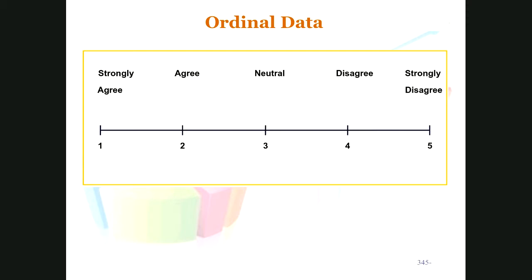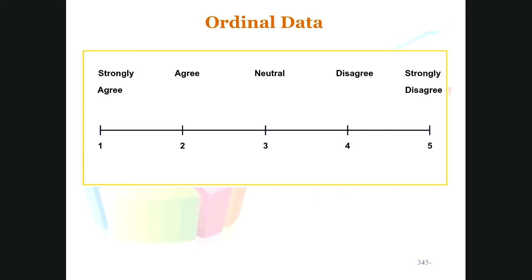A lot of surveys, and some of you may have been involved, or all of you have been involved in doing a survey. This is an example of ordinal data in a survey where you can go from strongly agree to strongly disagree, and they're giving a value. Strongly agree is 1, and strongly disagree is 5.